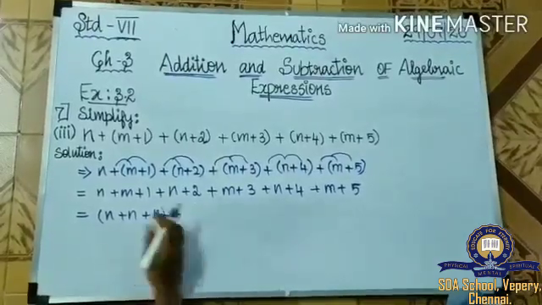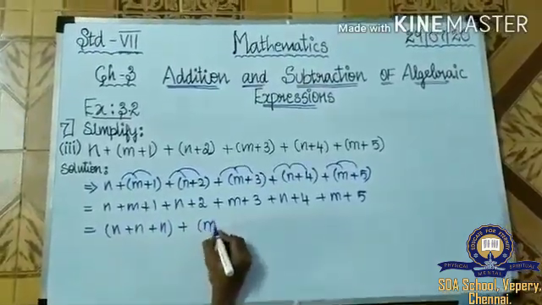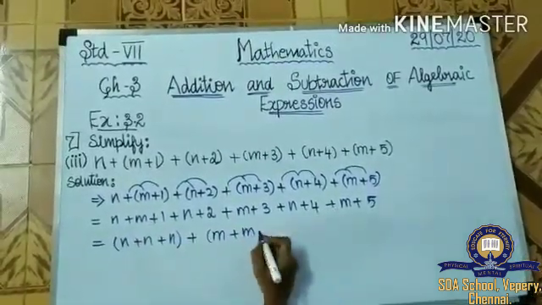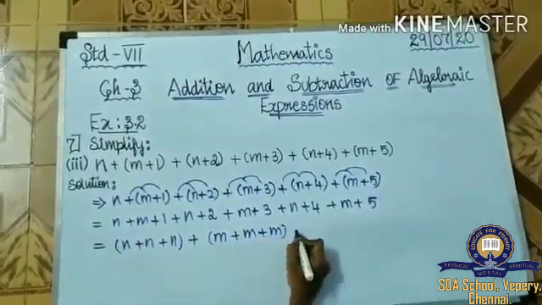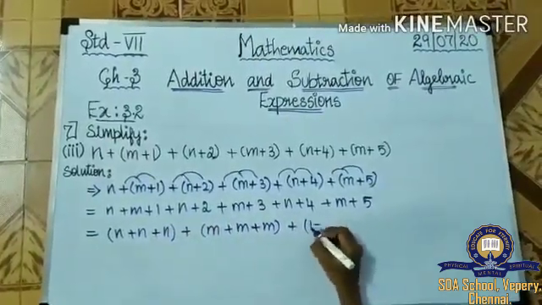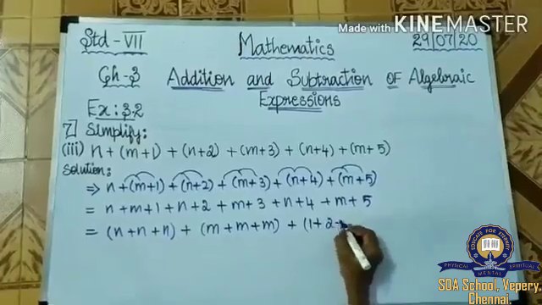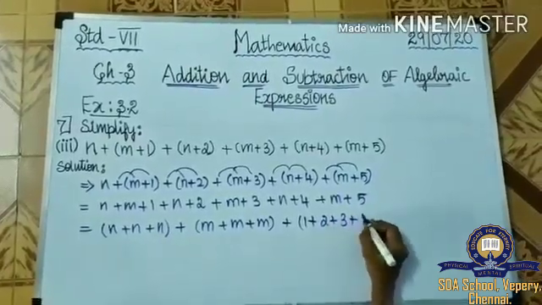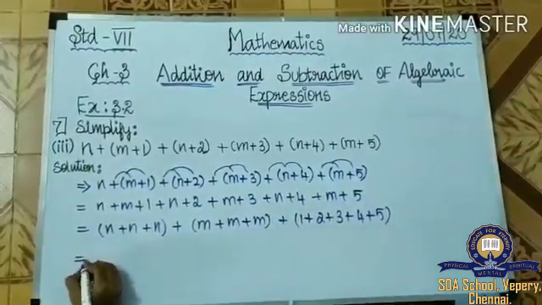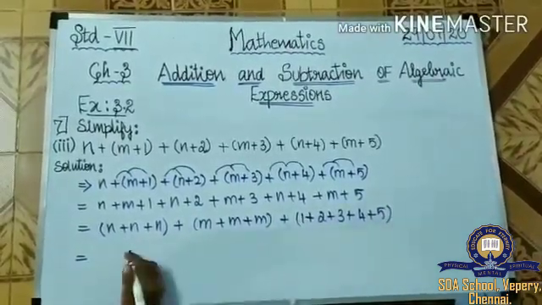Okay. And next is m terms. So m, here m, m. And next is constants. 1 plus 2 plus 3 plus 4 plus 5. And next we are going to add the terms.